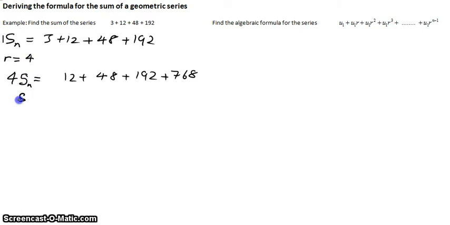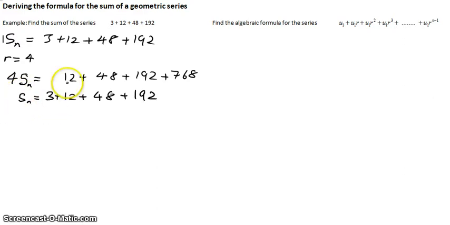Now watch what I do. I'm going to write the original version, which is 1 lot of my total, and I'm going to write that underneath. But look how I do it. Okay, think about this. Tell me what you notice. By doing it this way, what do you see?